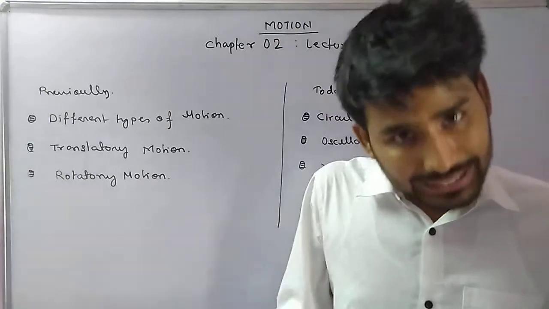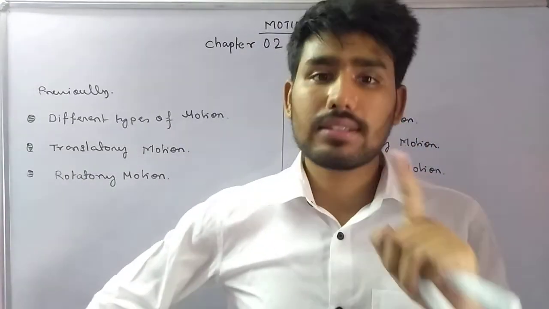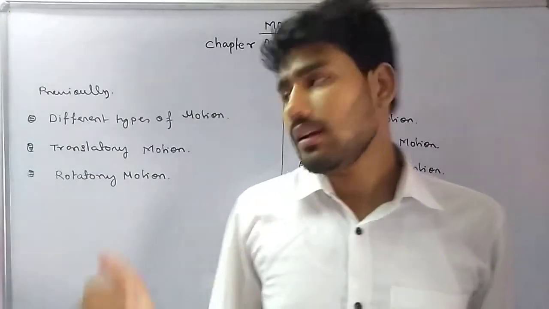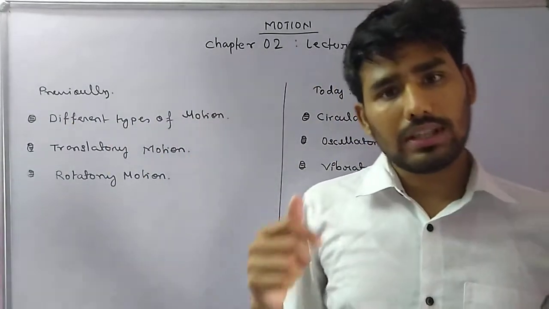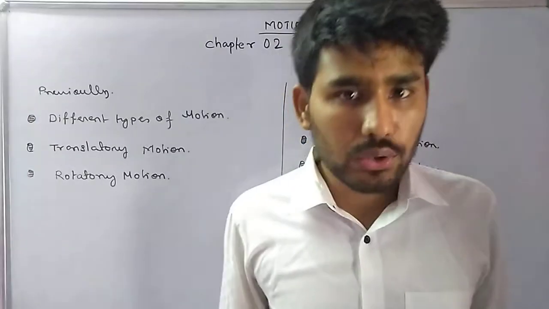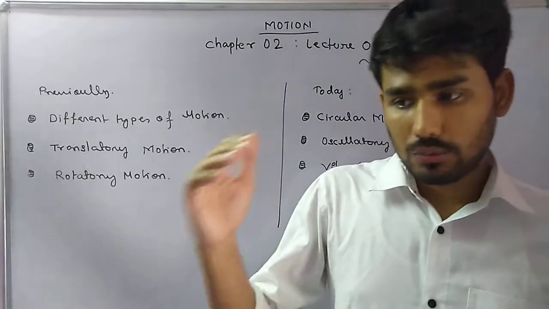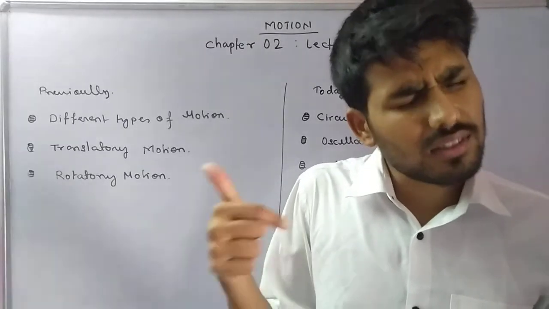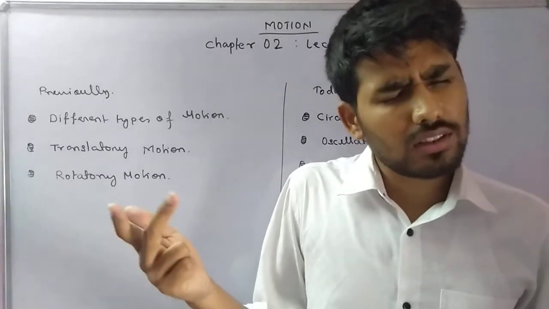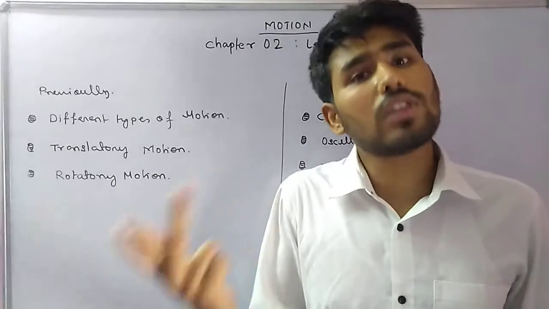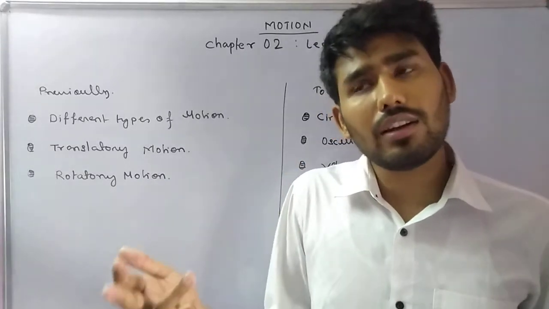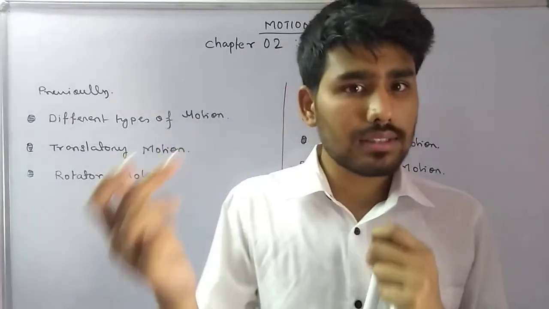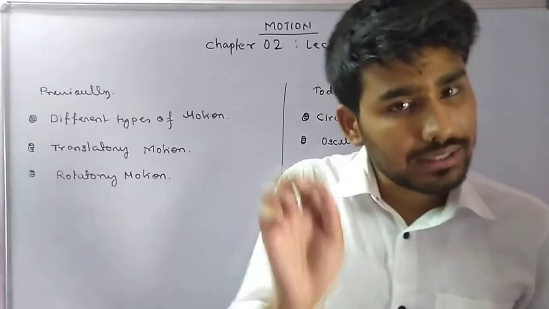In the second class we discussed different types of motion, which can be broadly classified into 7 types: translatory, rotatory, circulatory, oscillatory, vibratory, periodic, and non-periodic. Then we started discussing each motion in detail.